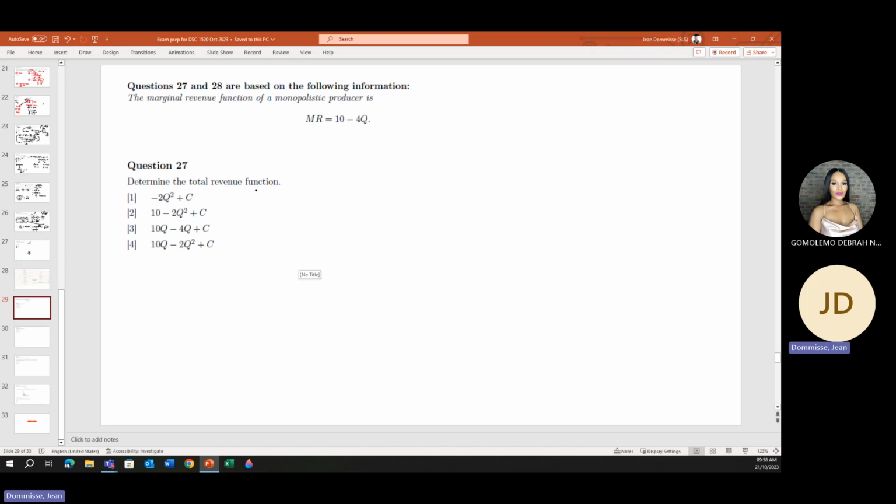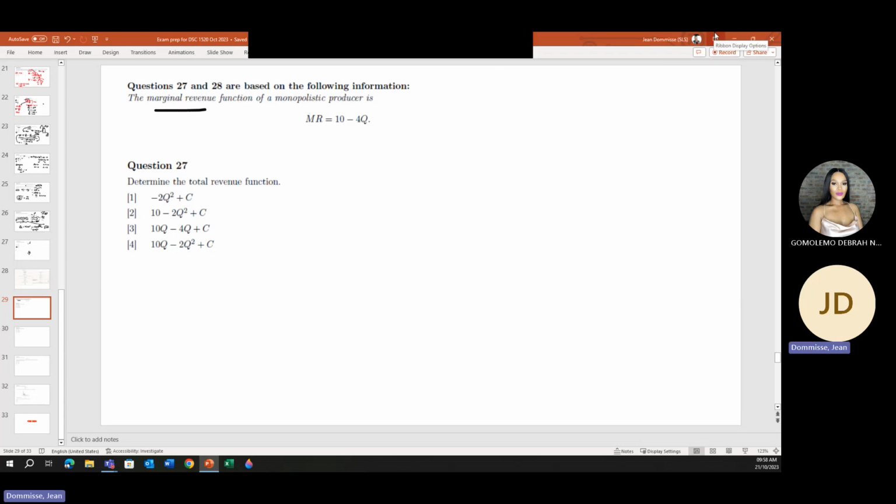Okay, so now we've done a lot of marginal revenues where we got from total revenue to marginal revenue. Now they want us to move it to the other side again.